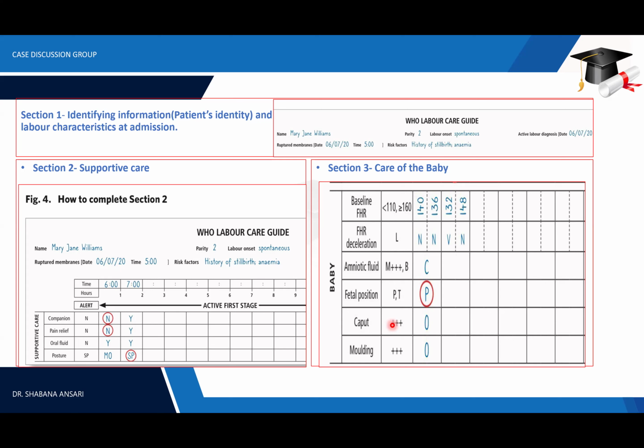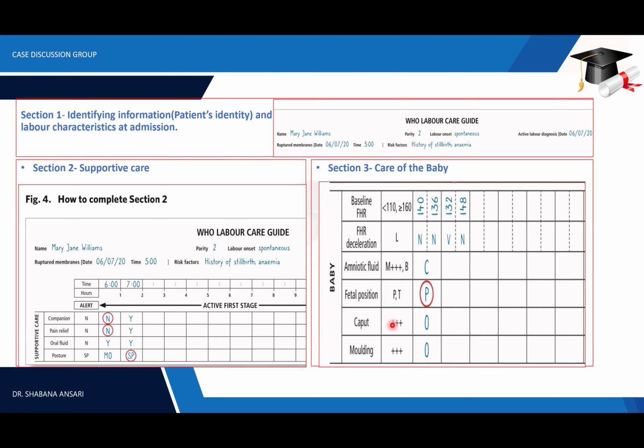It is not defined by a particular suture line. And molding is overlapping of the various sutures, like sagittal sutures or occipital sutures, so the gap is there. So overlapping of the sutures is molding.